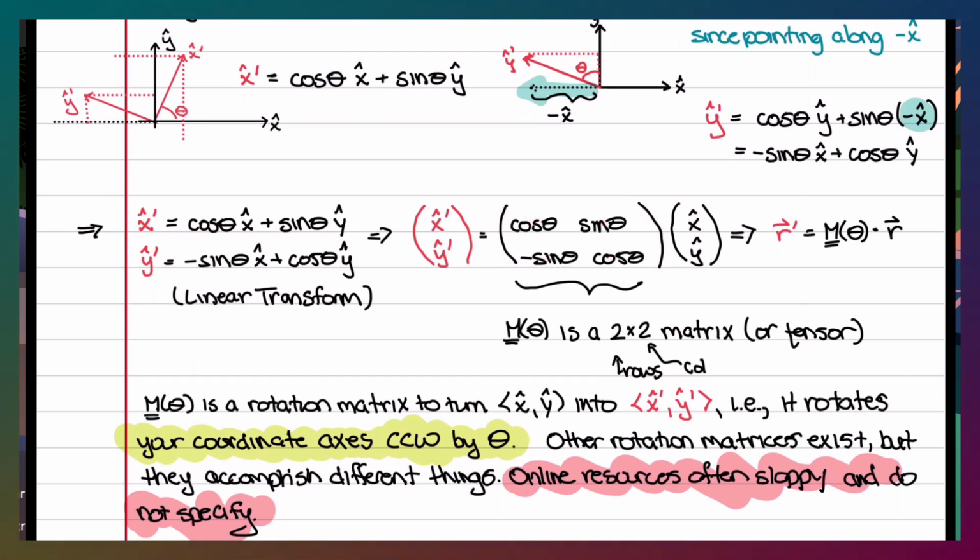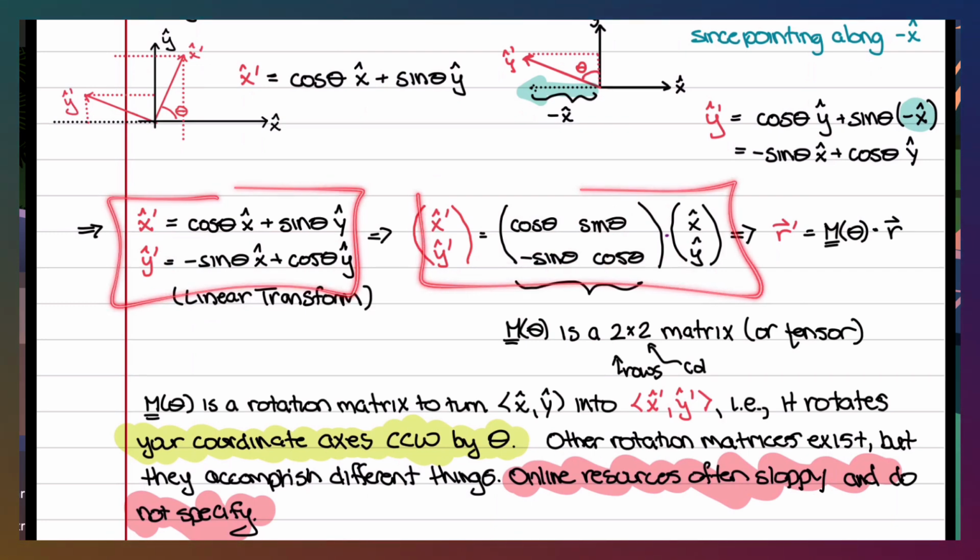There's no commas or anything. It's not dividing. Don't think of these as ratios, but as 4 distinct components, and that's being multiplied by this vector x hat, y hat. So this is the matrix formulation, and this is saying the exact same thing as this.